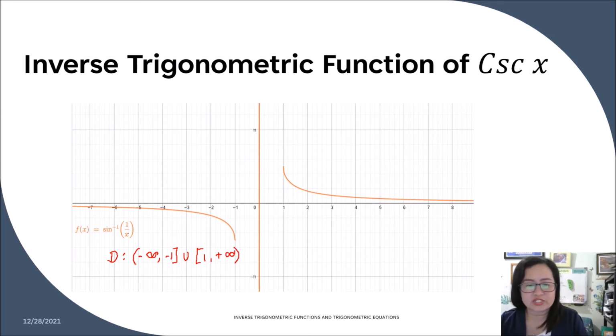Now for the range, notice that 0 can never be a value for y. Therefore, you will have the half-open interval to the right from negative pi over 2 to 0, union 0 to positive pi over 2.